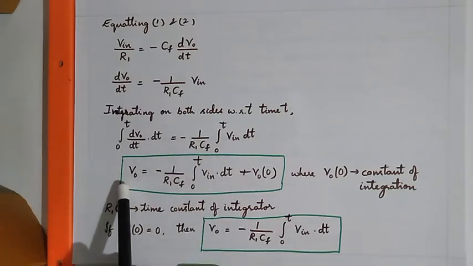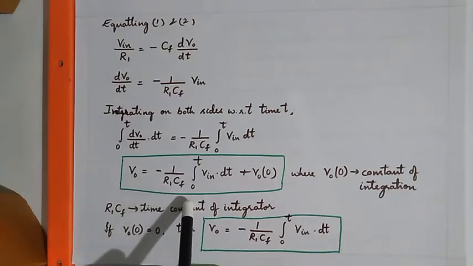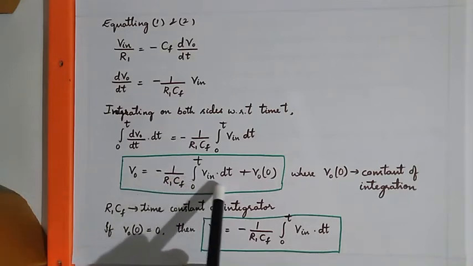So V0 equal to minus 1 by R1 CF integral over 0 to t of Vin dt plus V0 of 0, where V0 of 0 is the constant of integration, which can also be stated as the initial output voltage when the time is equal to 0.